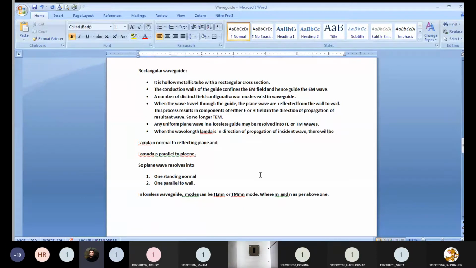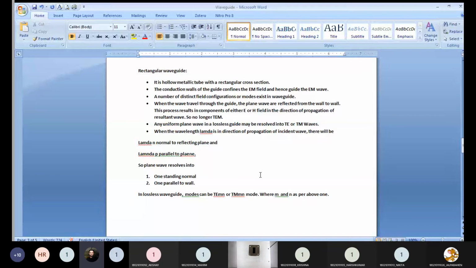So there will no longer be a TEM wave in a waveguide. Ultimately, any uniform plane wave in a lossless guide may be resolved into TE or TM waves, so we will get any one mode of the TE or any one mode of the TM waves.